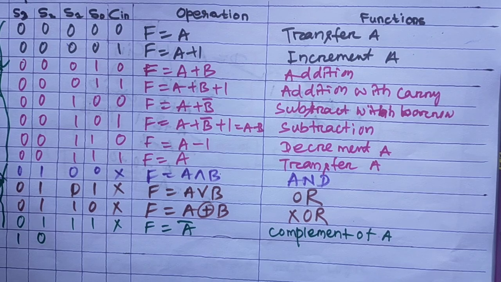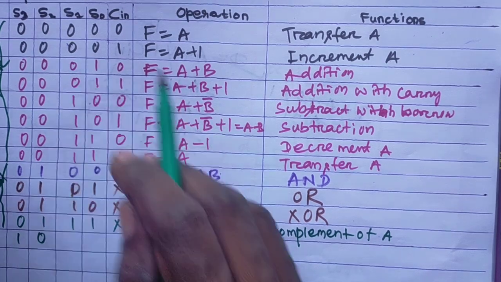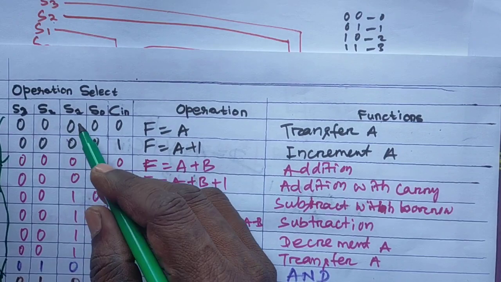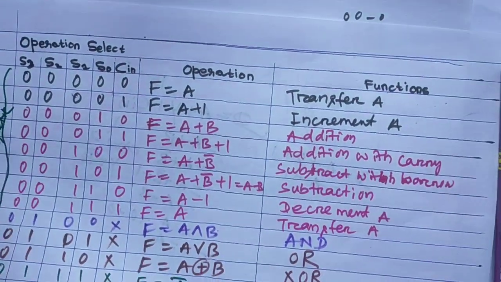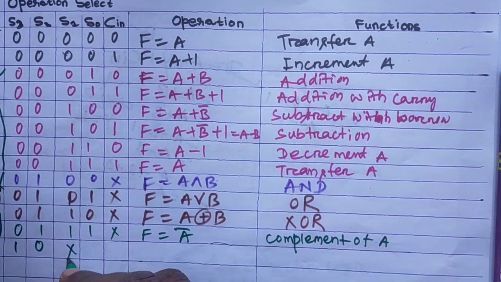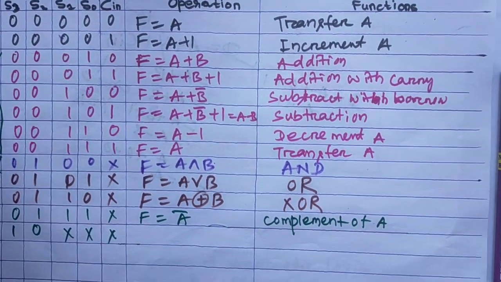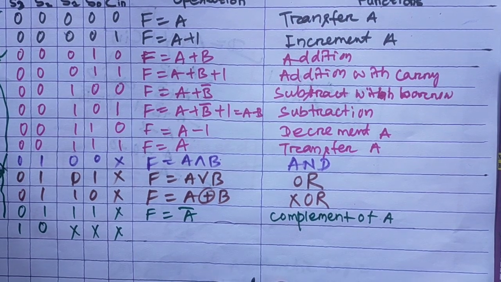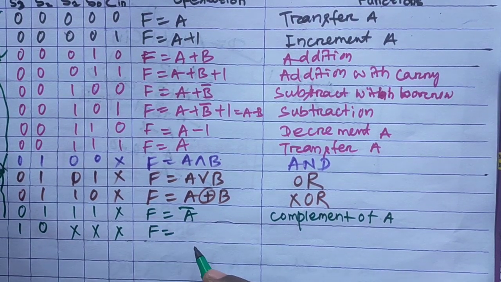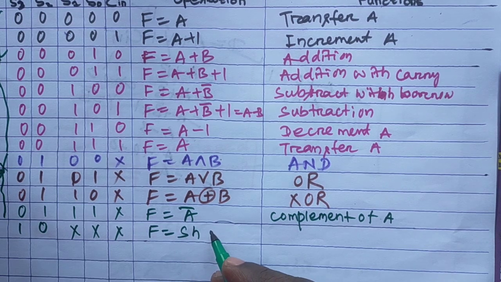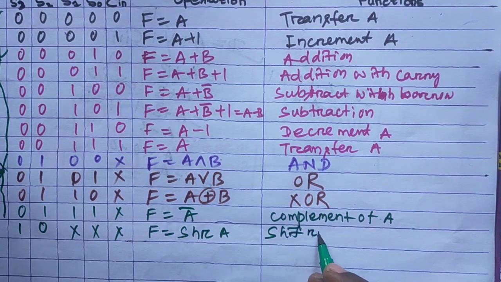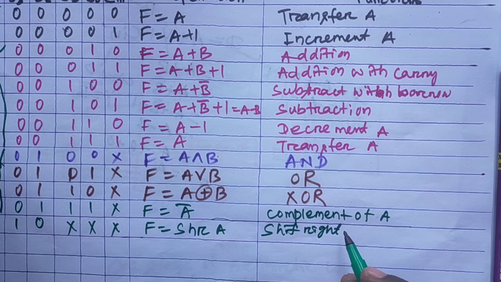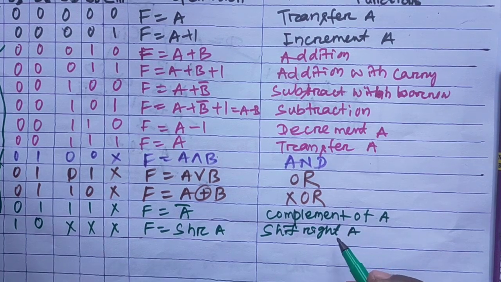If it is 1 0, there is no relation with S0 S1 and the shift operation, so all are cross (don't care) values. The function here is shift right of A, shift right A.